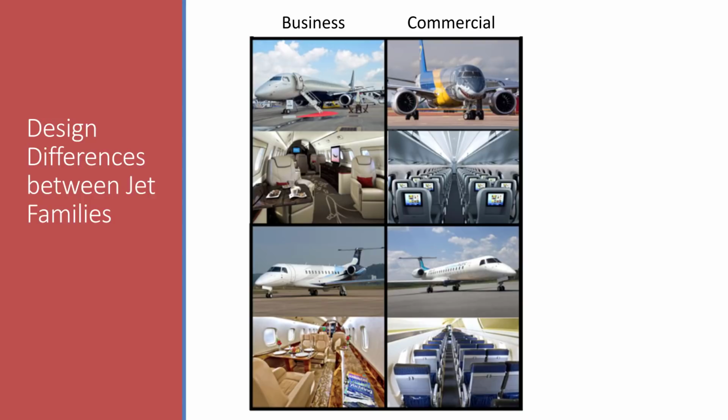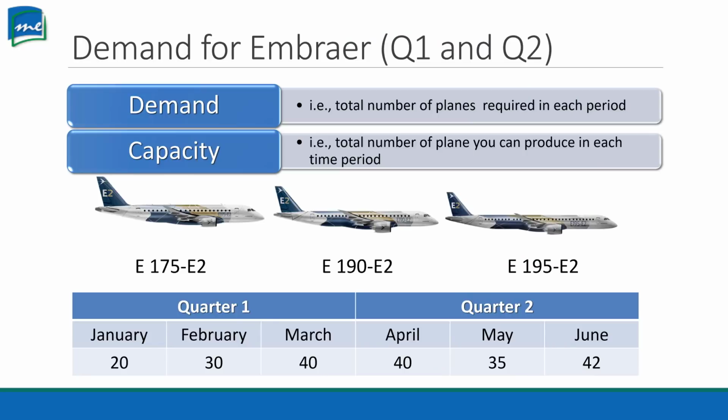So there are these design differences, just like when we look at demand versus capacity. The total number of planes required for each period is our demand. And our capacity is the total number of planes we can produce in each time period. If you look at these three planes here, we have some numbers: 20, 30, 40, 40, 35, 42.